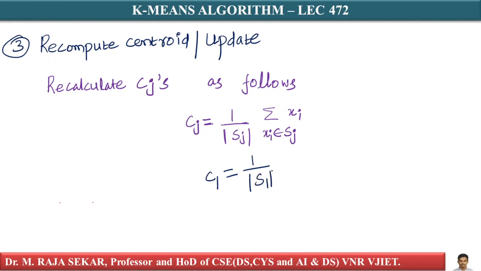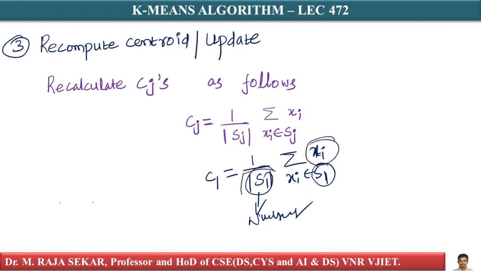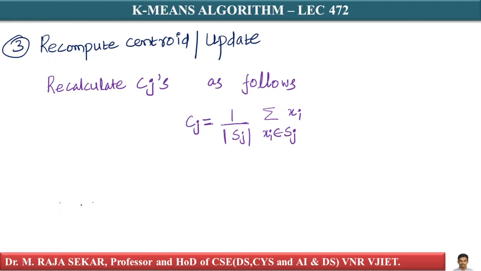Mod S1 means the number of elements, the size. You take all the points xi in set S1 and add them, then divide by the number of points. Mod Sj means the number of points in Sj, the size of set Sj, isn't it?